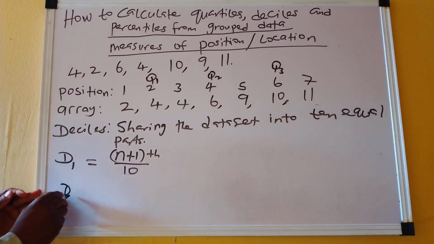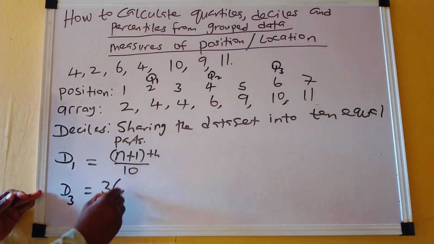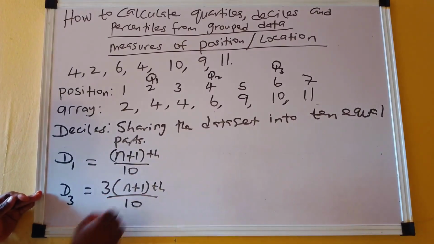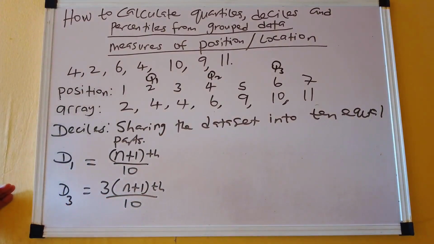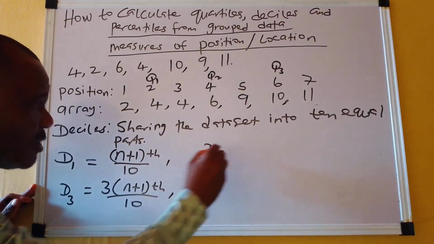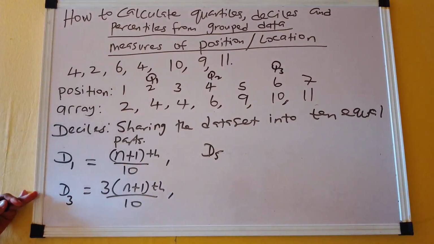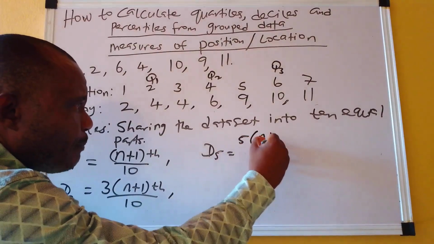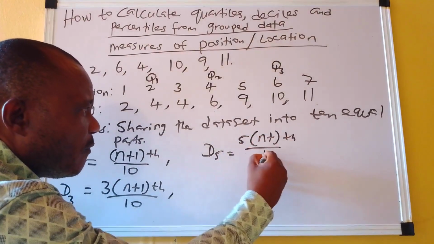If I want to get, for instance, my D3, it will be 3 into n plus 1 all over 10. So we are sharing into 10 equal parts. If I want to get my D5, which is the fifth decile, it will be equal to 5 into n plus 1 all over 10.